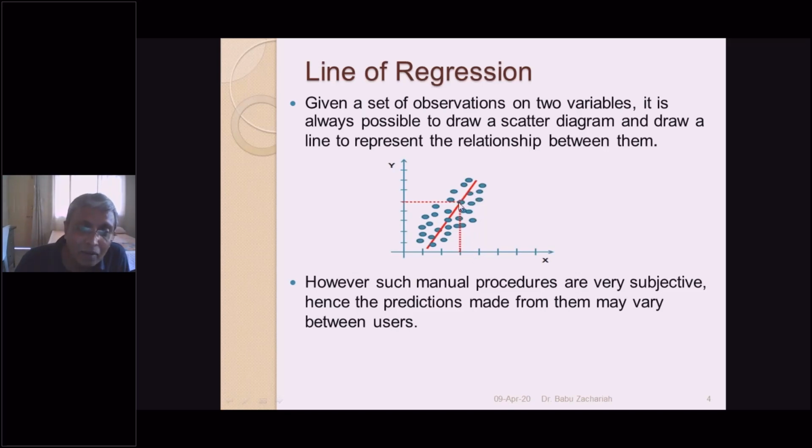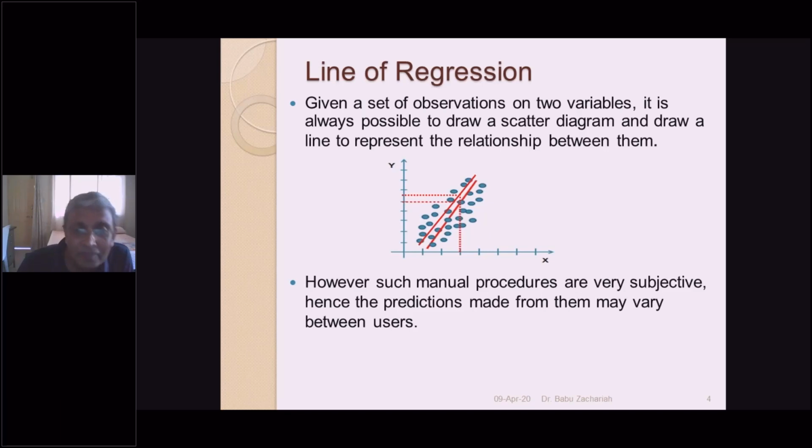He may say that my line will be like this only because this is more representative. In that case, his projection will go up to meet that line and the vertical line will come like this. So his prediction will be different from my prediction. So there is a difference. This is what I mean by subjectivity.